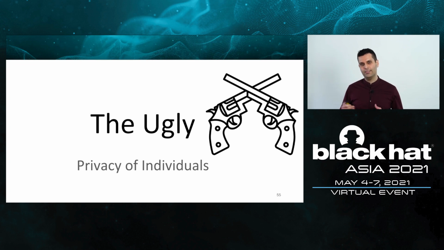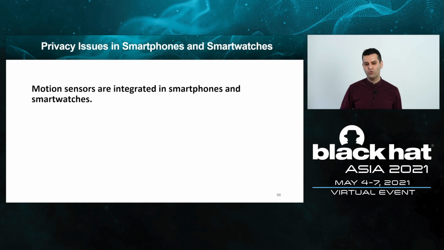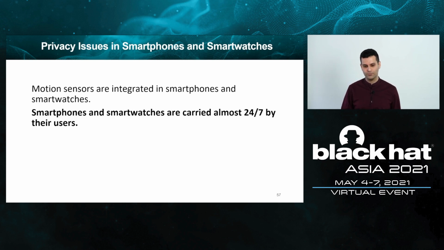Okay, so let's understand what is ugly about motion sensors. When I discuss this section, I mainly refer to how this data can be used to violate individuals' privacy. Motion sensors are integrated in smartphones and smartwatches, as I discussed before, and this part focuses on motion sensor data obtained from smartphones and smartwatches.